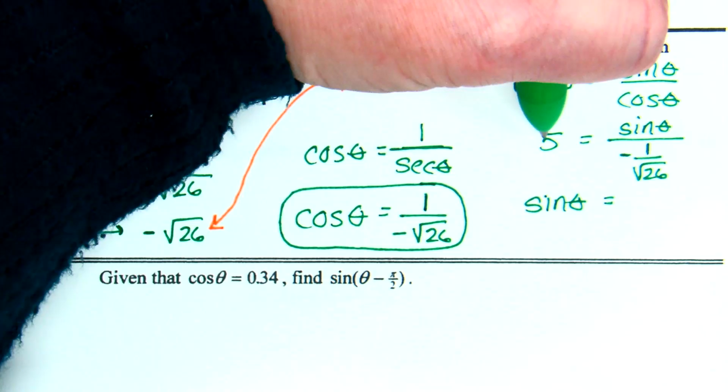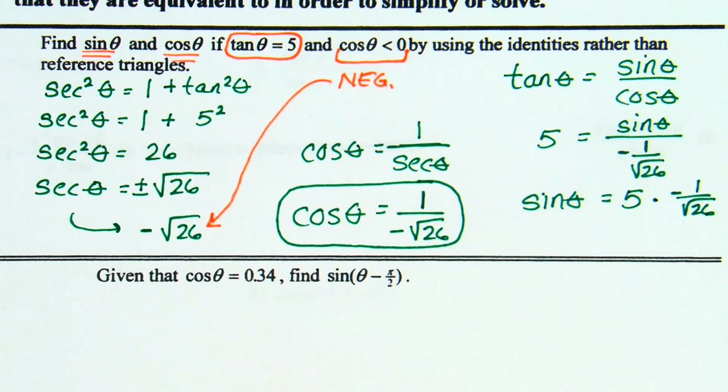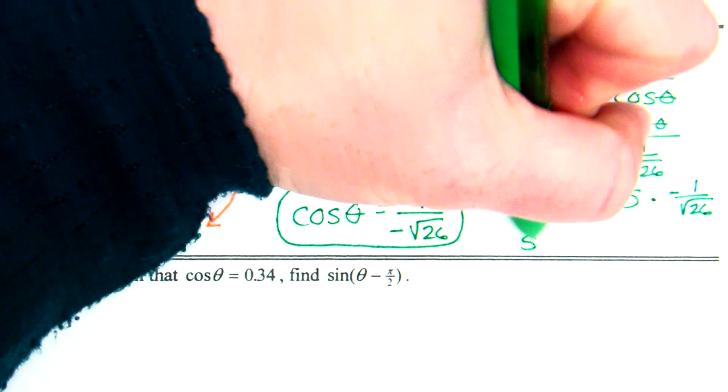So if I multiply, that means I'm going to end up taking this -1 over square root of 26 and multiplying over to the 5. So I'm going to have 5 times -1 over square root of 26.